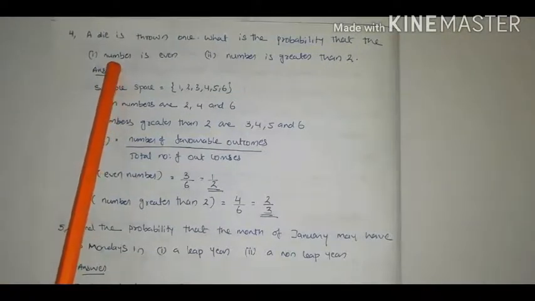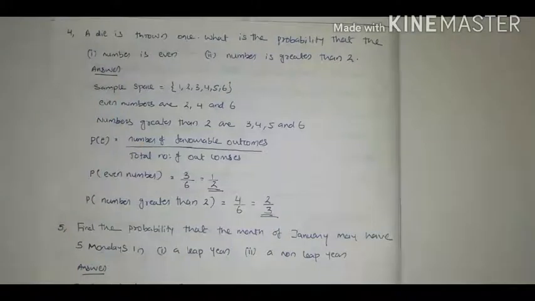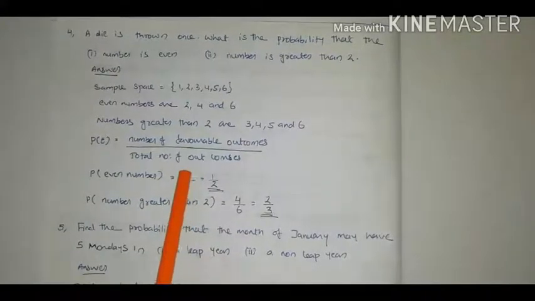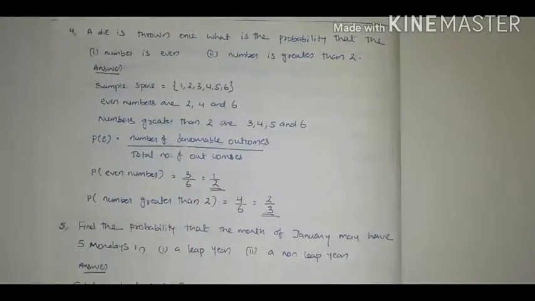First, the probability of getting an even number. Total 3 even numbers are there, and the total number of outcomes is 6. So favorable outcomes 3 and total outcomes 6, so it is 3 by 6, equal to 1 by 2. You have to remember, in each problem you have to write the formula.